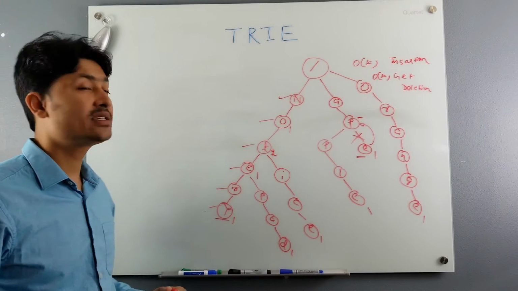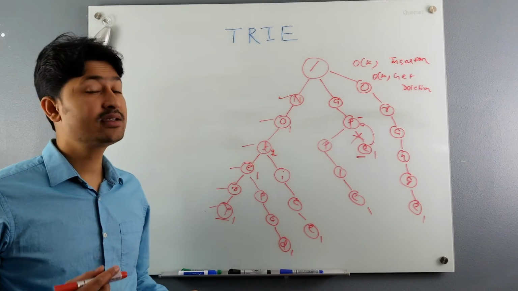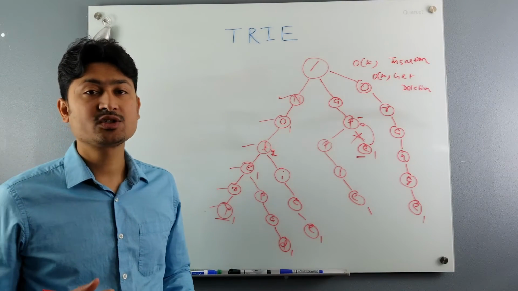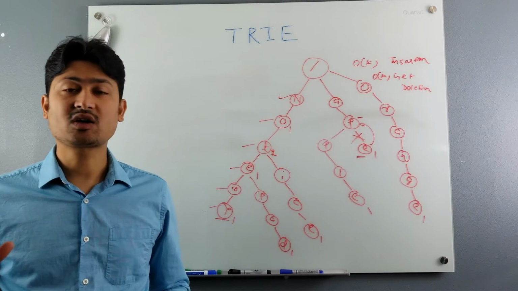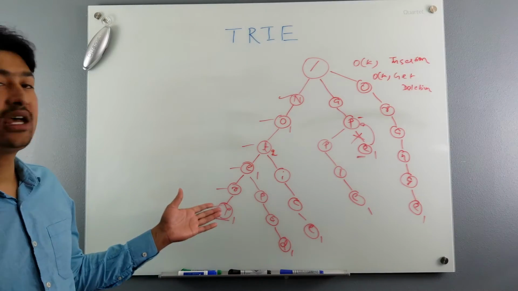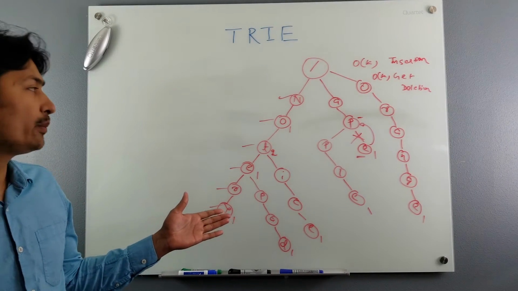The first use case is, as I said, that it is a kind of prefix tree. So if I ask you, can you give me all the words which start with a common prefix, that is pretty helpful to determine in the case of a trie.